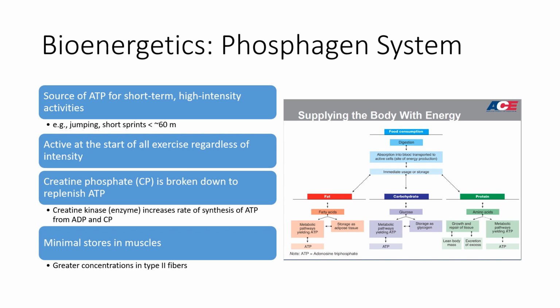The large increases in ATP utilization and glycolysis, as well as the strong ion fluxes during such exercise, result in metabolic acidosis.